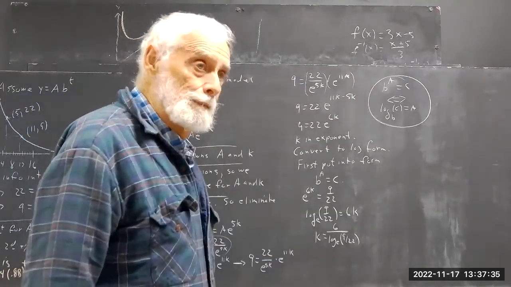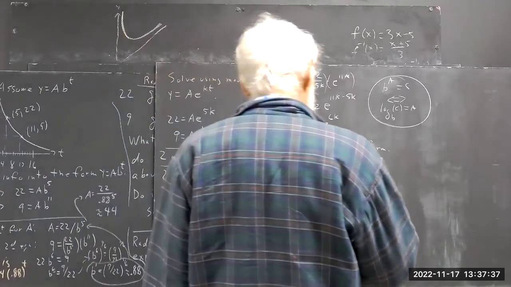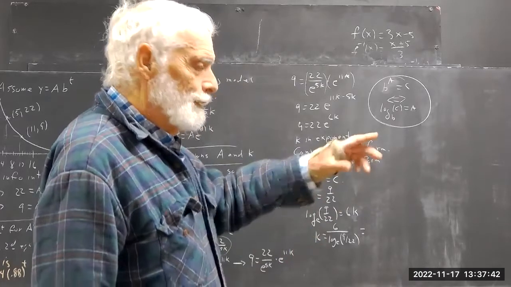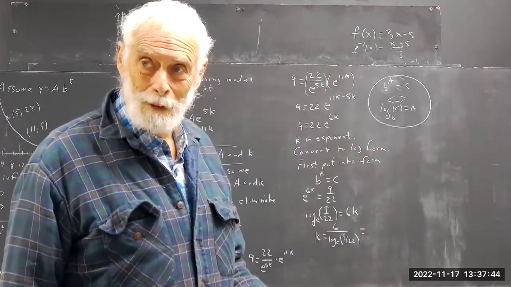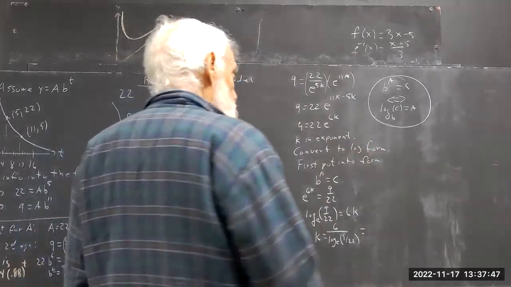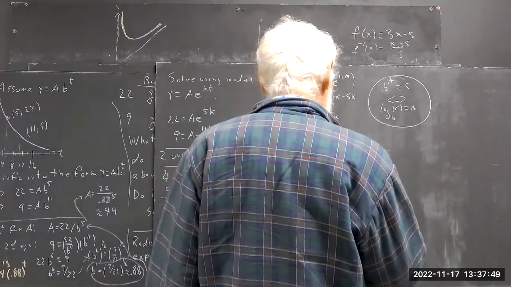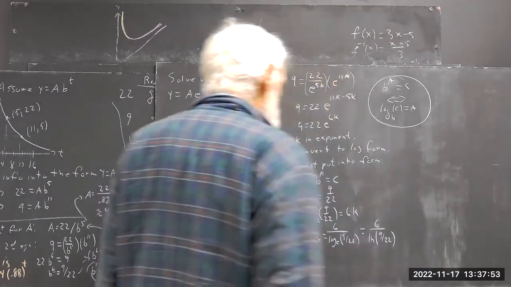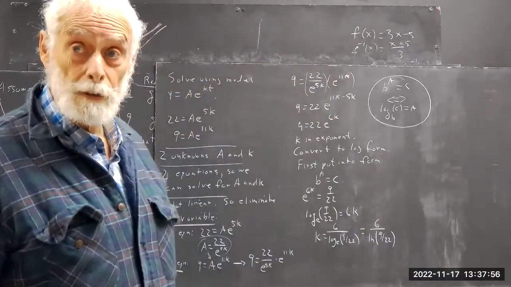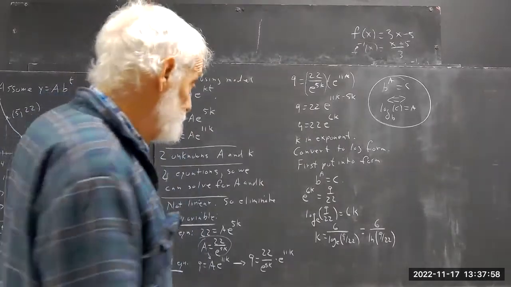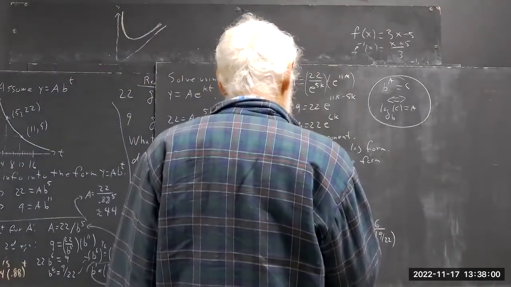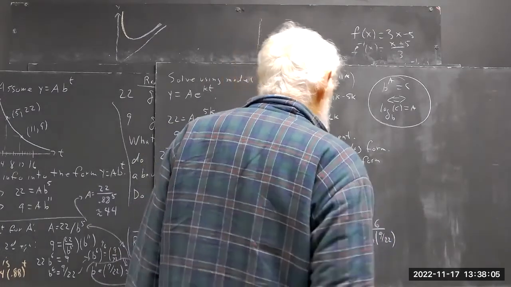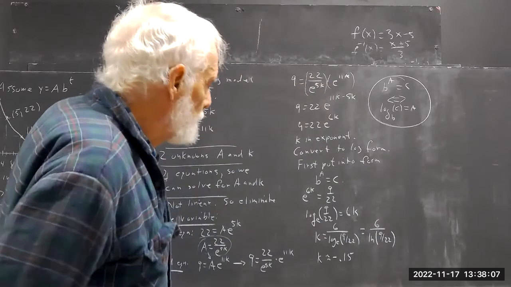Log base e is a button on your calculator. We don't even have to do log of 9/22 divided by log of e. Okay, we just do natural log. So we put this in the form 6 over natural log of 9/22. We put that in our calculator. And you get k is approximately negative 0.15.